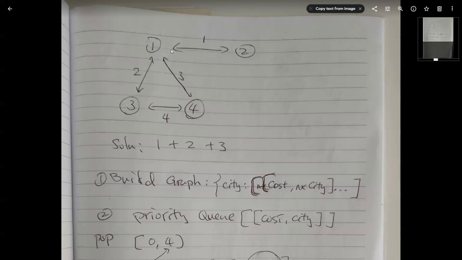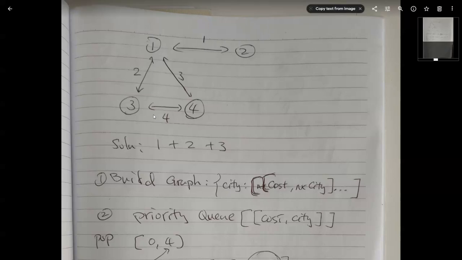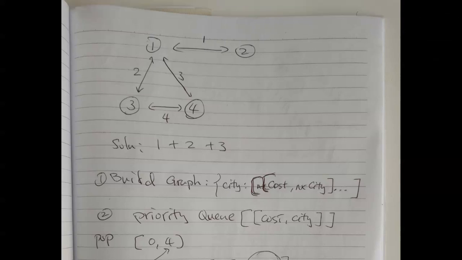We connect 1 and 2, because city 2 has only one connection, so we have no choice. Then we spend a cost of 2 and a cost of 3. This other connection is the most expensive one, and we don't consider it in our solution.